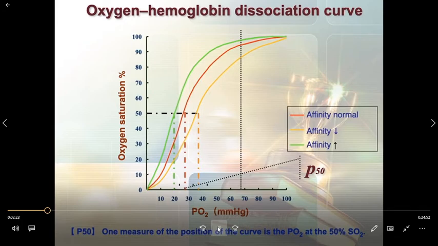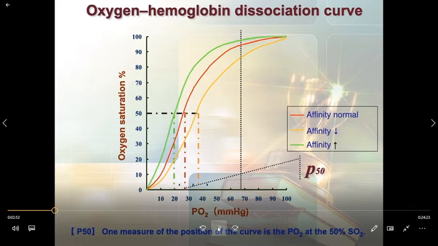What is the normal oxygen saturation? Anyone still remember? For example, you, at this moment, what should be the oxygen saturation? Yes, 95 something. And the horizontal axis, X, is the partial pressure of oxygen.